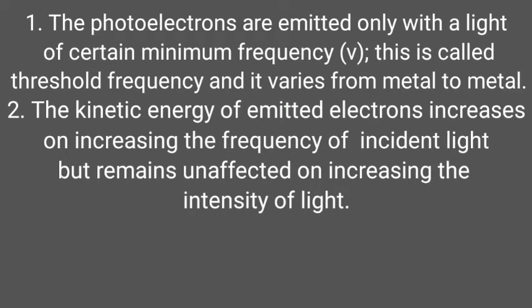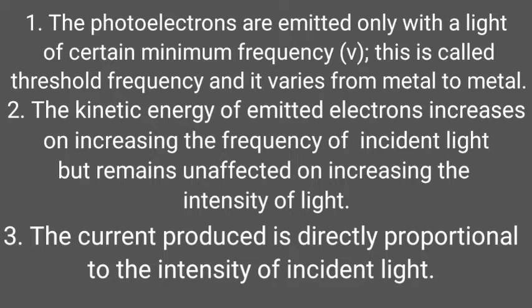Second, the kinetic energy of emitted electrons increases on increasing the frequency of incident light, but remains unaffected on increasing the intensity of light. Third, the number of electrons emitted, or photoelectric current produced, is directly proportional to the intensity of incident light.